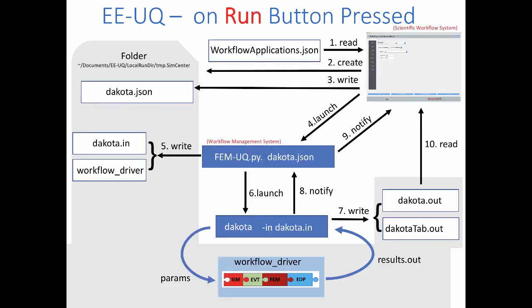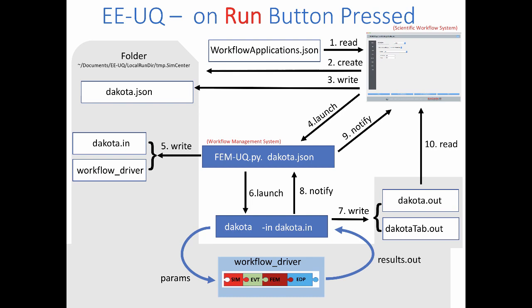Now this, of course, is done in your file system, so what actually happens when the run button is pressed? The first thing the application does is it's going to read a workflow applications.json file, which associates the application you specify in the user interface with an actual compiled application that's sitting on your system.